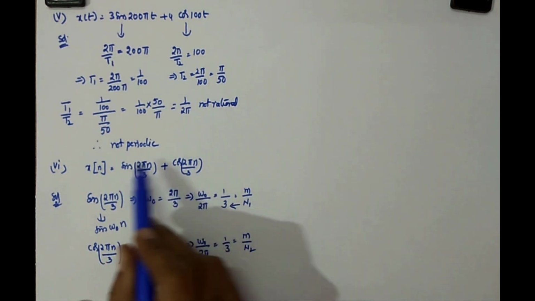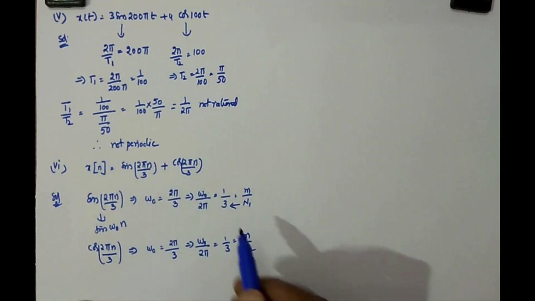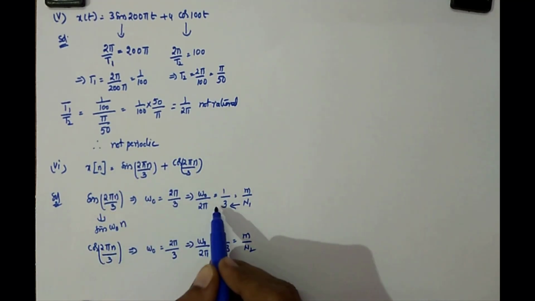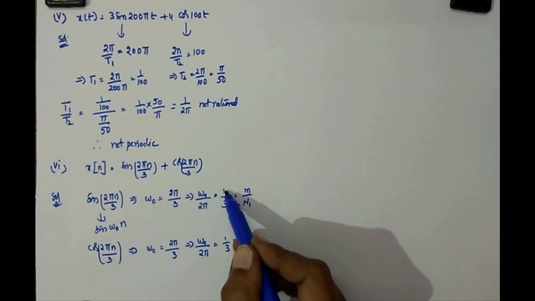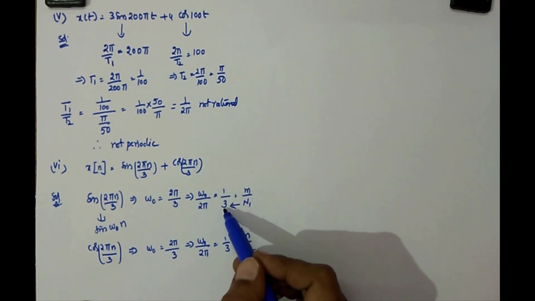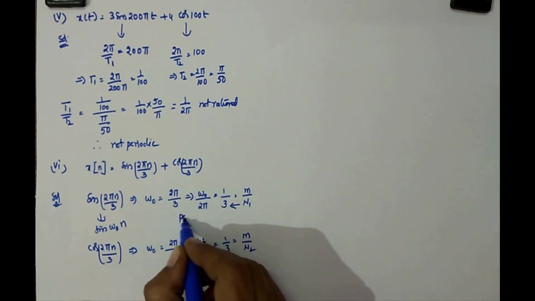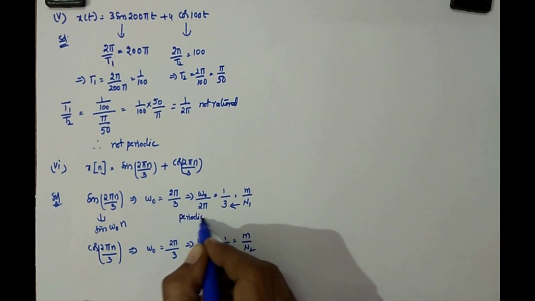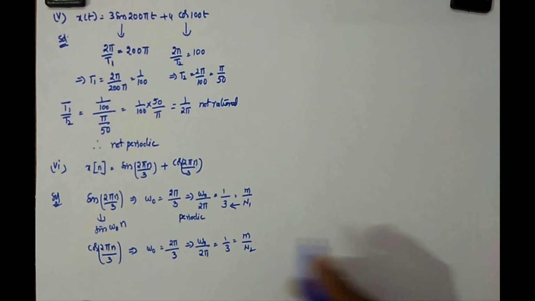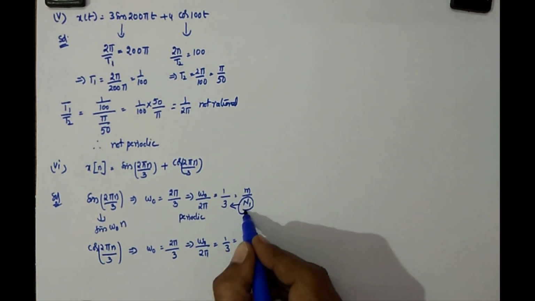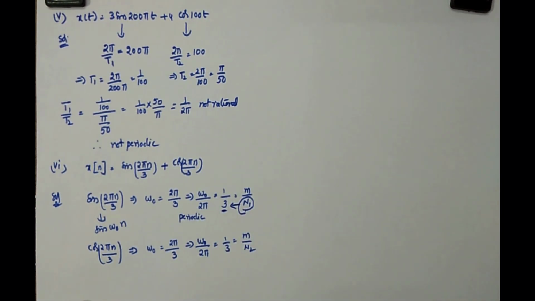Before seeing the complete two terms, for the first term omega naught by 2 pi is 1 by 3, so it's a rational number. So the first term is said to be periodic. And what is the period? N1 is the period and it is 3 samples.